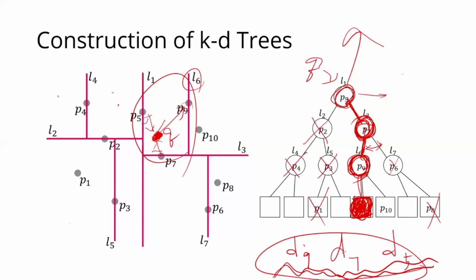Okay, no matter how long it takes to construct a KD tree, you first construct a KD tree, and that happens offline. But once you have a KD tree, then in the query time, the online, whenever a query comes in, you just quickly go through the binary tree by only comparing one coordinate value at a time.